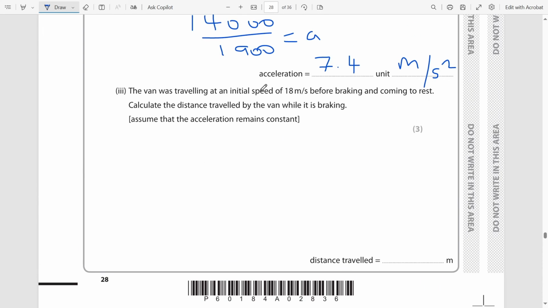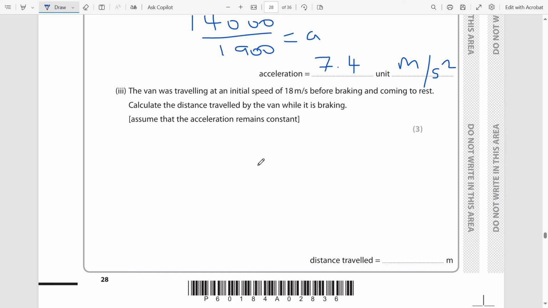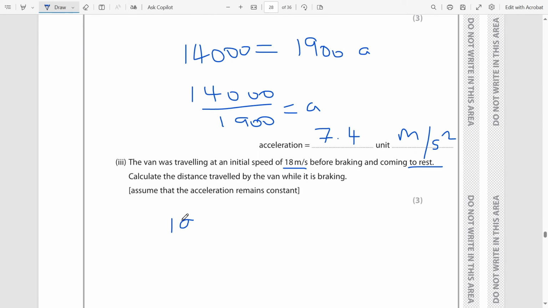The van is traveling at an initial speed of 18 meters per second before braking and coming to a rest. Calculate the distance traveled by the van while it is braking. Okay, so guys, this is to do with the equation. So we have 0 minus 18 squared equals 2a times s, which we don't know.